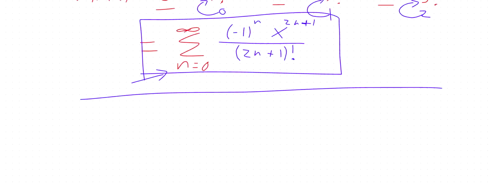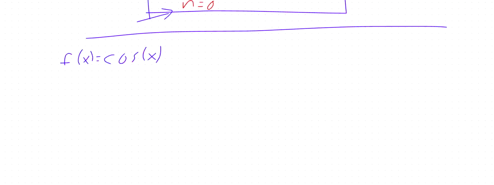Let's try cosine just to get some practice. We're going to have something similar to what we just did, since we're going through the same functions with our derivatives, just in a different order.